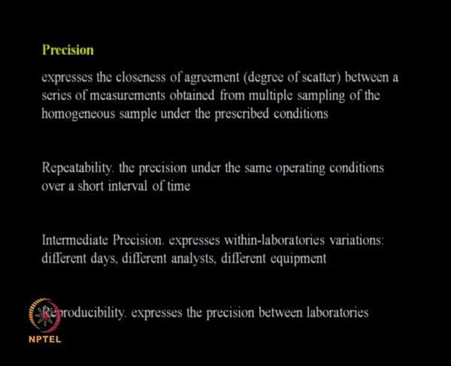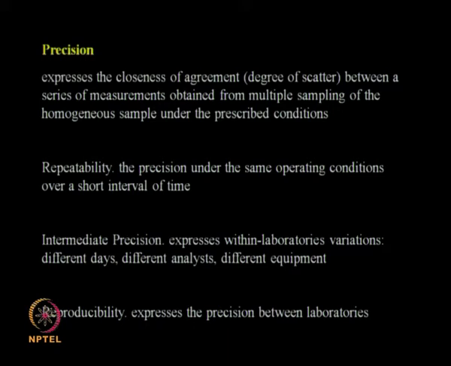In precision you have two things, one is repeatability, the other is reproducibility. In repeatability, if I am repeating it many times, how close they are. In reproducibility, if it is done in different labs, how close the results are. Nowadays in clinical trials, drugs are tested in different parts of the world, different continents, different hospitals, and in each place they have measurements.